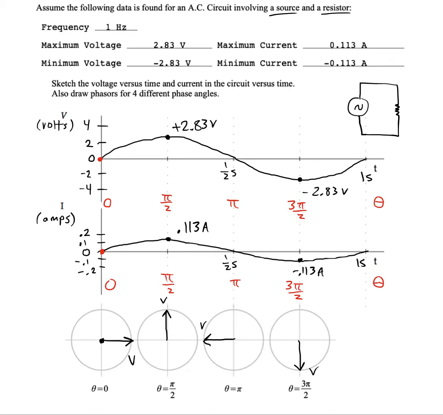But we also want to include the current as well. Now for a source and a resistor, current and voltage are in phase. So what we want is just another vector here pointing in the same direction, and that can be the current vector.